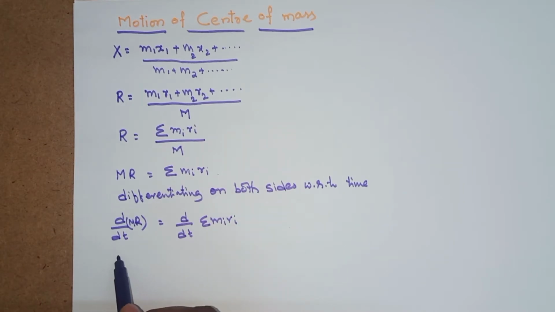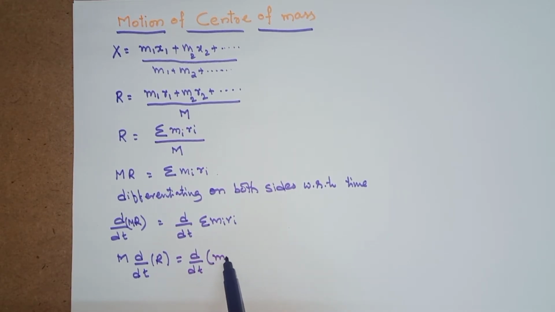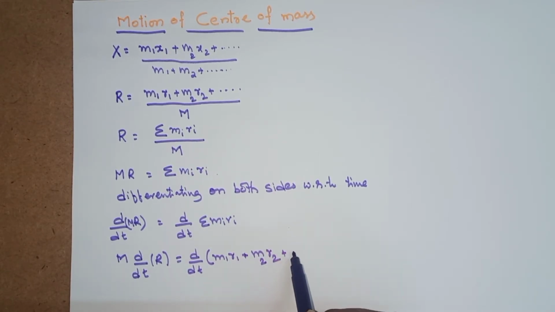Now M is a constant and will be taken outside, so M d by dt of R is written. Now we can extend it: d by dt of m1 r1 plus m2 r2 plus m3 r3 and so on.